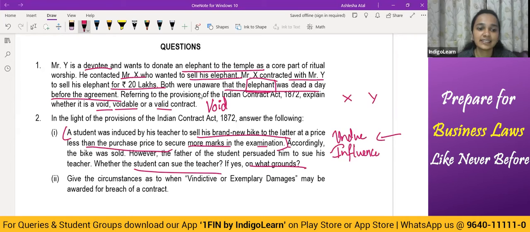The next is a direct question. Give the circumstances as to when vindictive or exemplary damages may be awarded for breach of contract. All of you know this very well, that there are only two situations wherein these types of damages can be claimed. One is breach of promise to marry.